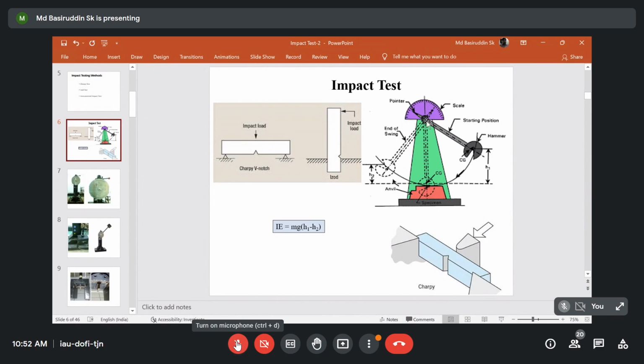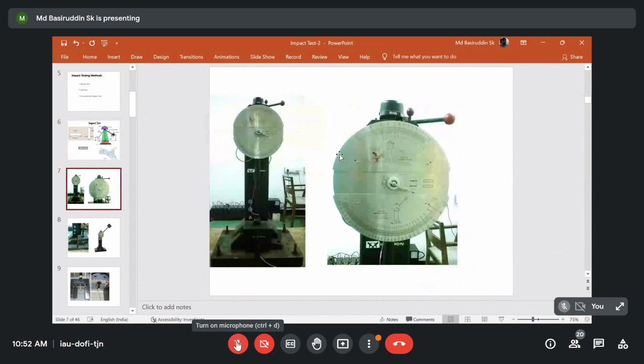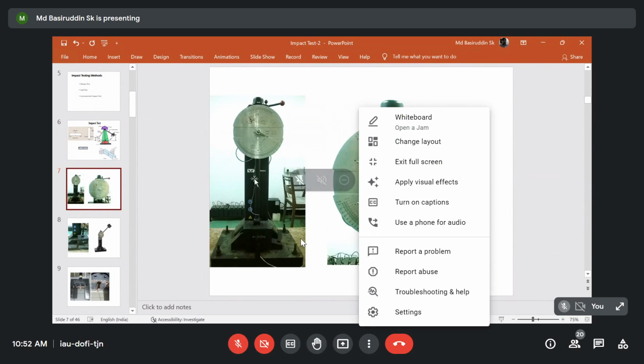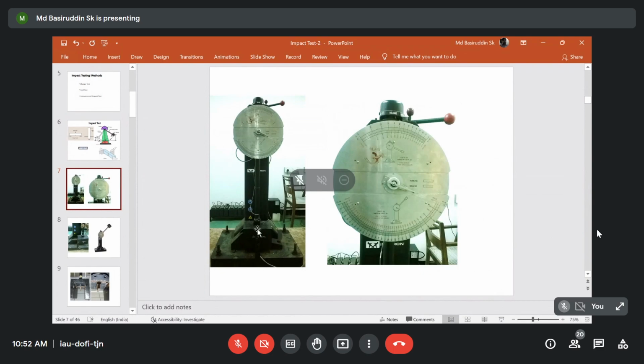If we see the dial very carefully, here you can see that in our laboratory we have this sort of impact testing machine, and then we have the hammer. This is the hammer. First what we need to do is put the hammer at the high position, and then we release the hammer. Then we have to put the samples over the anvil. When you release the hammer, it will strike the material.